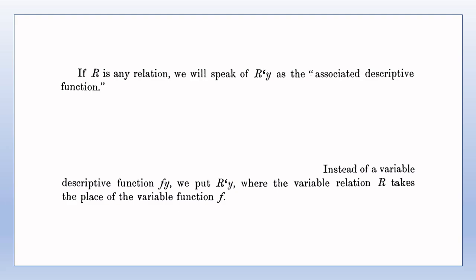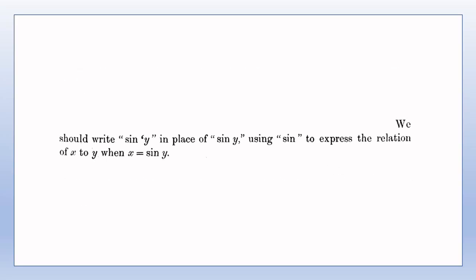Note that whereas typically in mathematics we would write y equals sin x, in Principia Mathematica things are sometimes the other way round, and we'll often see y as a kind of independent variable and x as a kind of dependent variable. And to this effect on page 245 we read, we should write sin primed y in place of sin y, using sin to express the relation of x to y when x equals sin y.